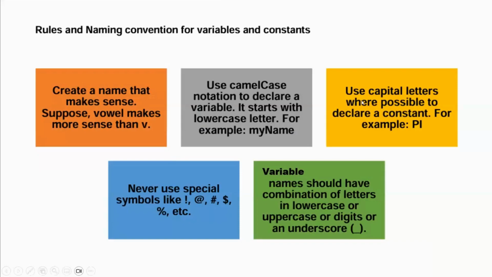Third, use capital letters wherever possible to declare a constant. Now, this is very important. I'll be discussing it in the next slide. Never use special symbols, don't use special characters. They are anyway not allowed in an identifier name or variable name. Variable names should have a combination of letters in lower and uppercase.